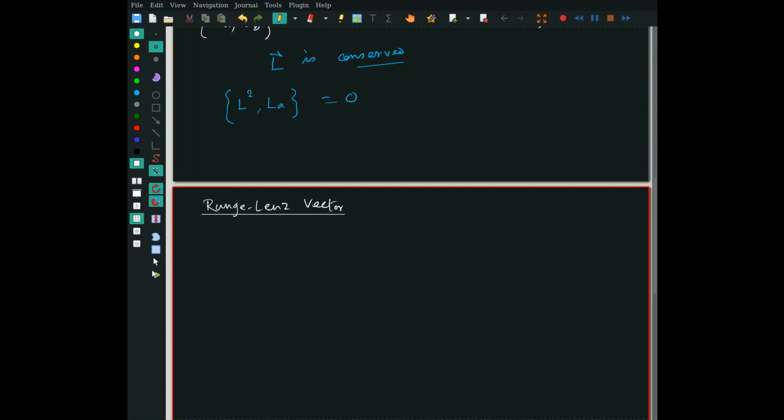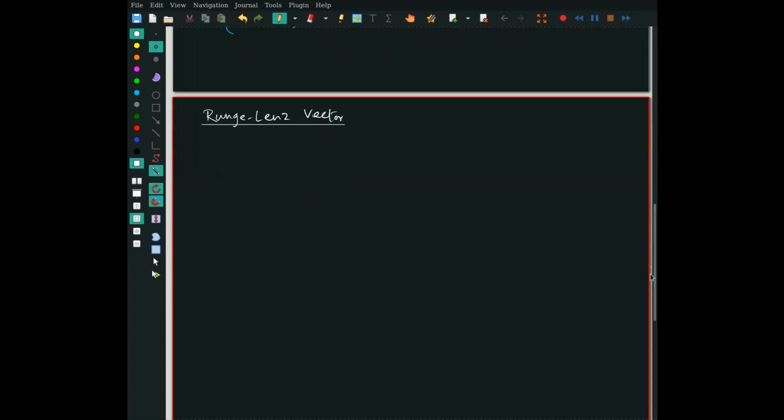Okay. So this vector is given by V equals 1 by m, P cross L, minus r cap. Okay, so r cap is the unit vector along r, and you can easily check that this vector satisfies V dot L equals 0.